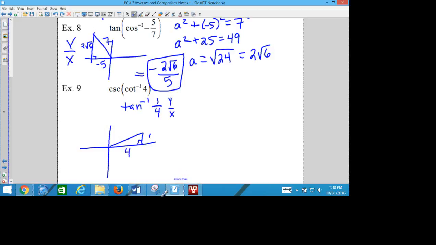And I need to find cosecant, which is, well, sine is y over r, so cosecant is r over y. So I need to find r. Pythagorean theorem. So we get square root of 17 for our radius. And then we do r over y.